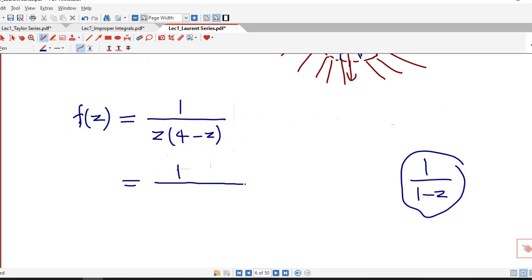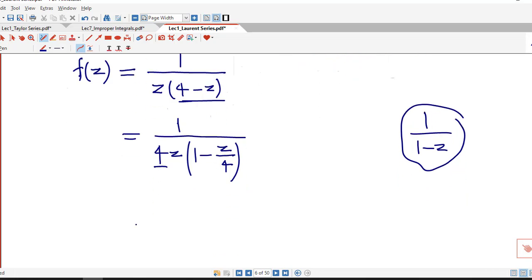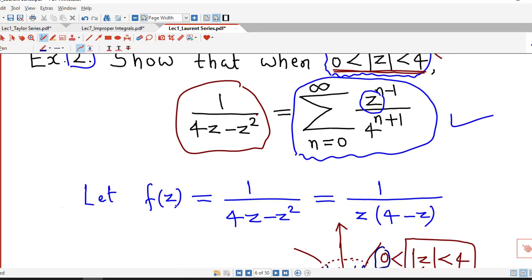For that we can take this 4 outside. I am rewriting 4 minus z as 4 into 1 minus z by 4. If I multiply with 4, I will have 4 minus z. Now I require a series in powers of z.